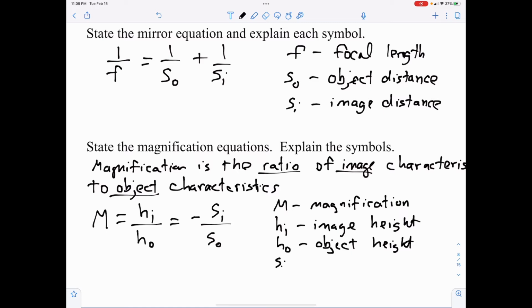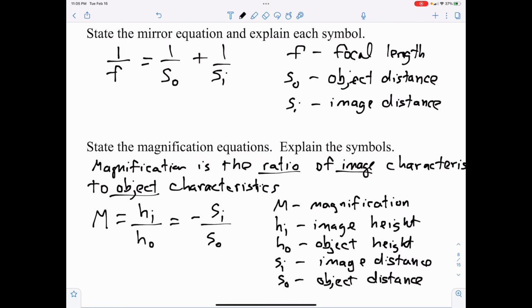SI is image distance, and SO is object distance. Image distance, object distance.